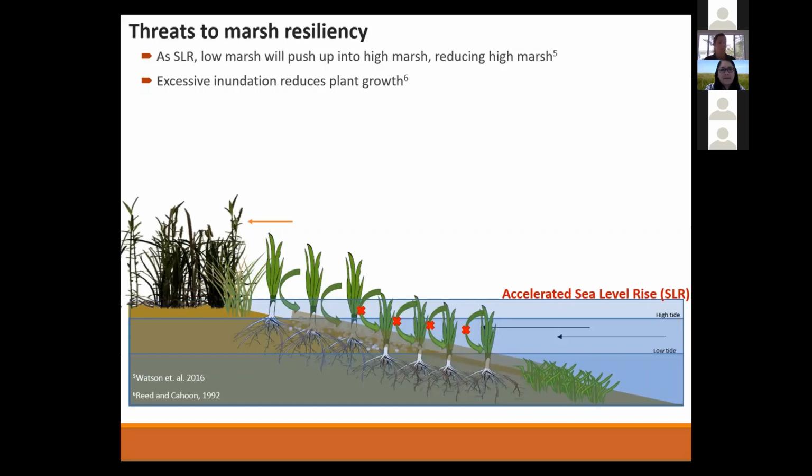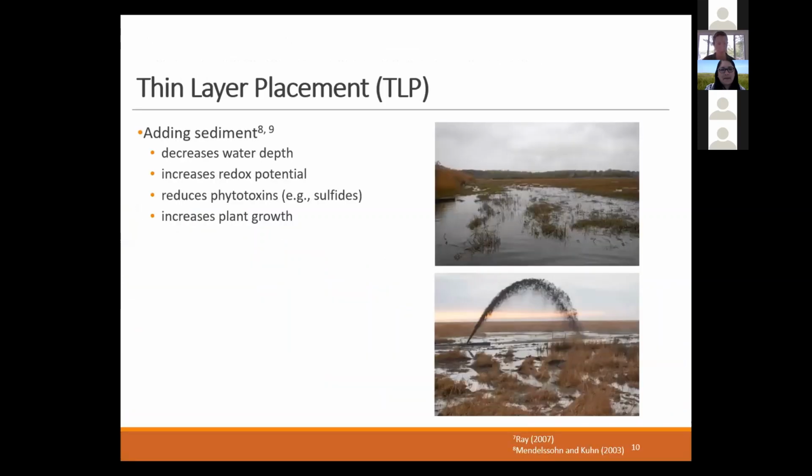As sea level rises, higher areas of the marsh will become more inundated and more favorable for Spartina alterniflora, which will push Spartina patens further up toward coastal development, reducing high marsh and mid-marsh area, otherwise known as the salt marsh squeeze. And the excessive inundation in the lower areas will reduce plant growth as phytotoxic sulfides build up in the soil and kill vegetation.